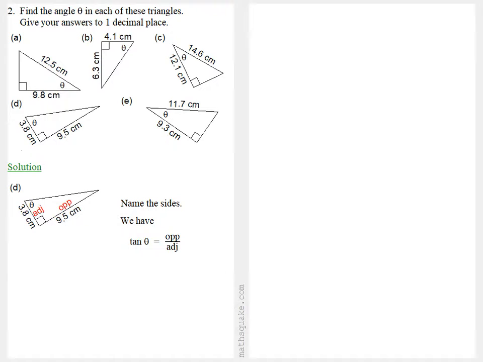We know the tangent of an angle is the opposite over the adjacent, so tangent of theta is 9.5 over 3.8. So theta is the inverse tangent of 9.5 over 3.8, which we can find on the calculator as 68.1985 degrees. So rounding it off, our answer is theta equals 68.2 degrees.